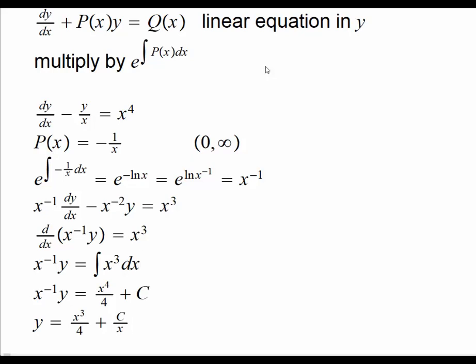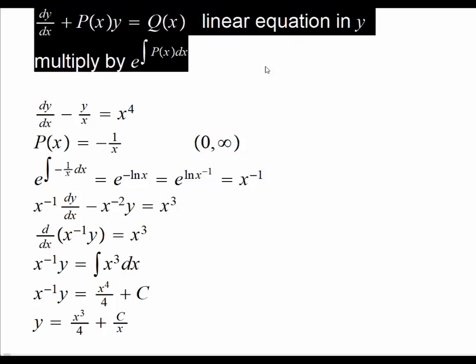So anyways, let me tell you the general procedure that we can obtain.